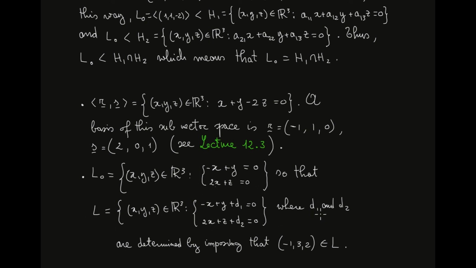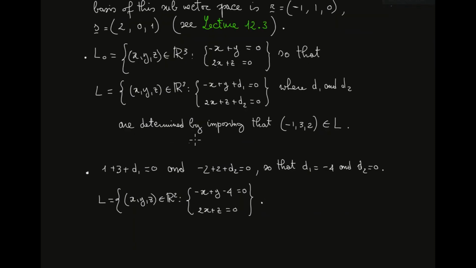Now d1 and d2 will be evaluated by imposing the other condition we had in the example, that (-1, 3, 2) belongs to L. From the first equation we derived that d1 + 3 + 1 = 0, and then these other expressions. So d1 equals -4 and d2 is 0.